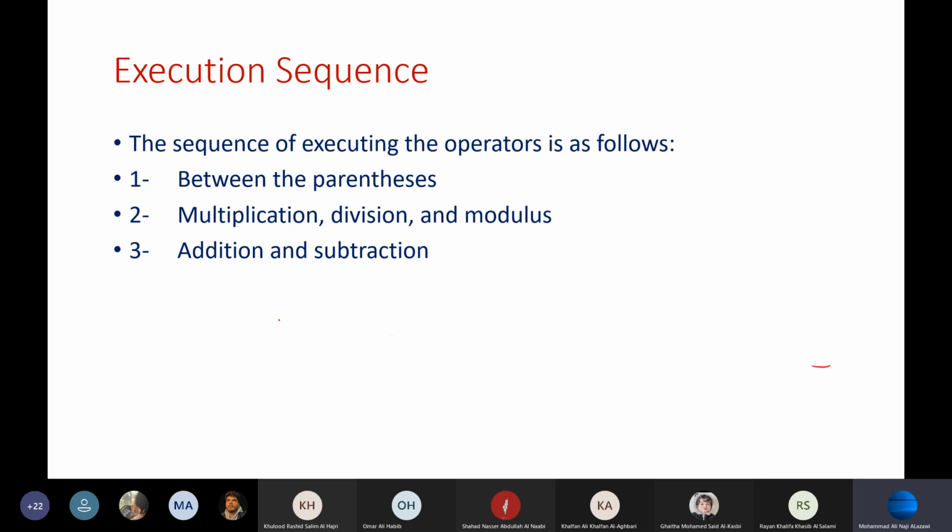If I ask you x is equal to 2 times 3 plus 5, what will be the result? If you don't want to answer by voice, just type it in the chat box.